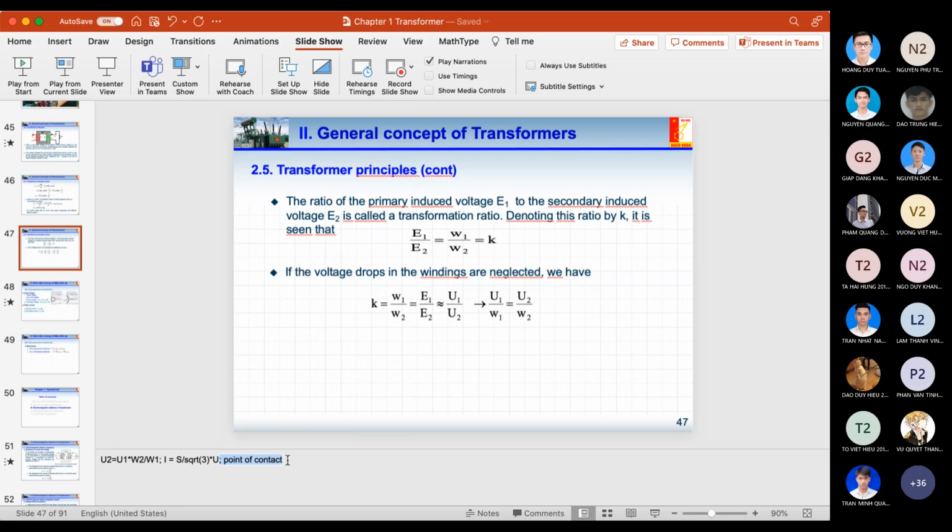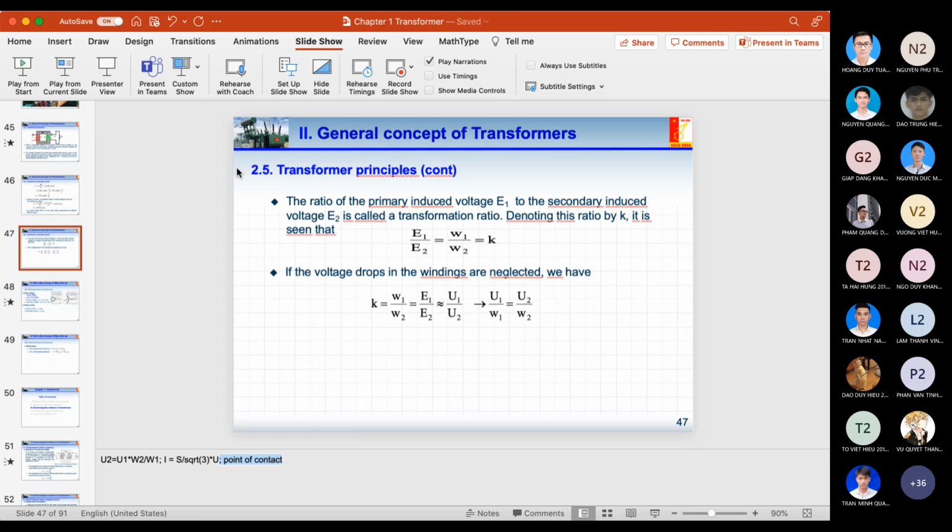If the output voltage was not constant, we had to change it by using a switch mounted on the transformer. It means that we have to change the turn number of the winding, on the side with the low voltage, not the high voltage.